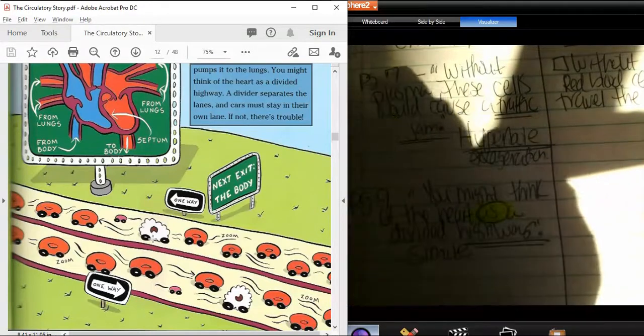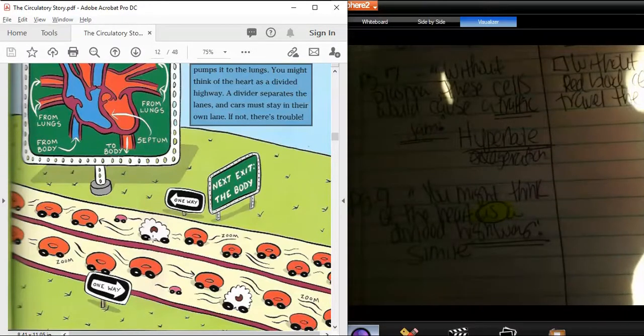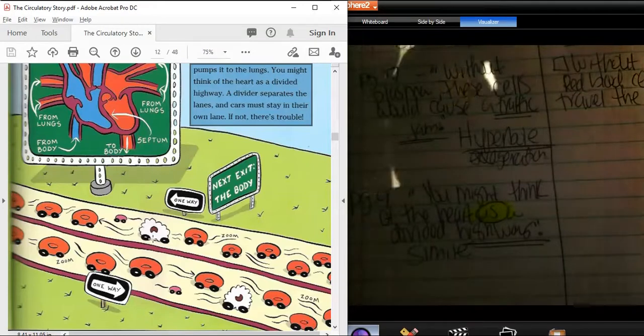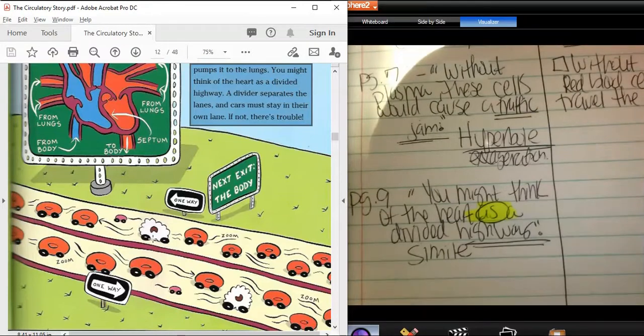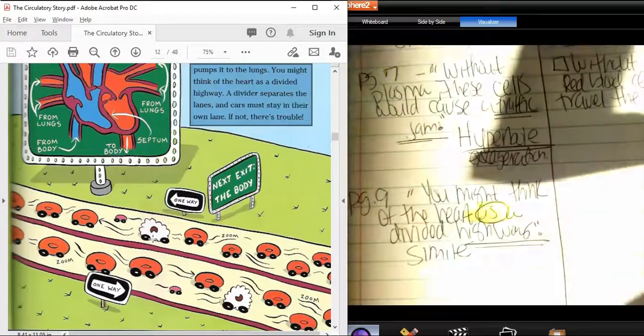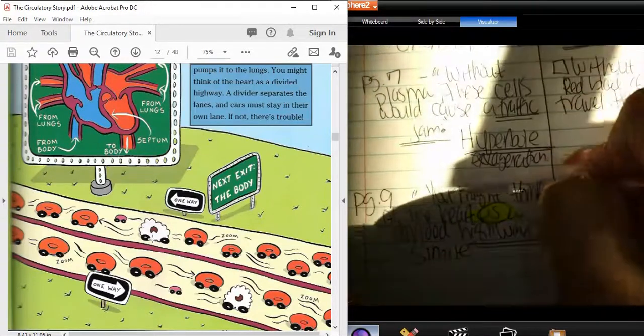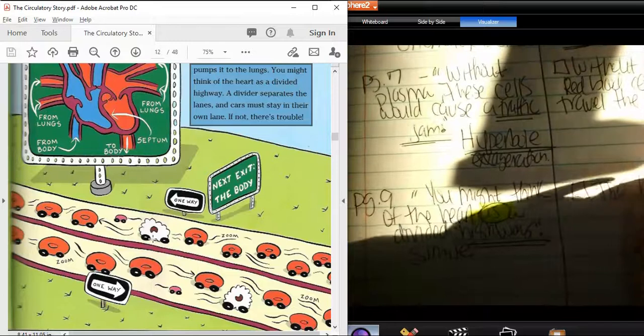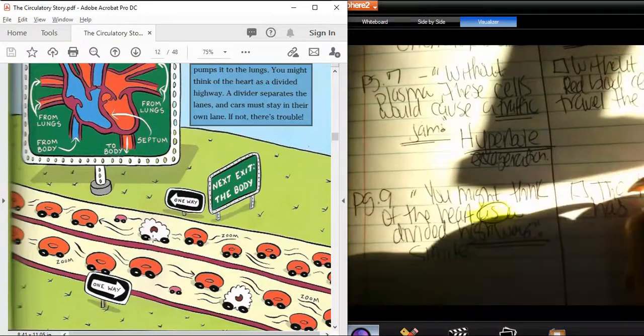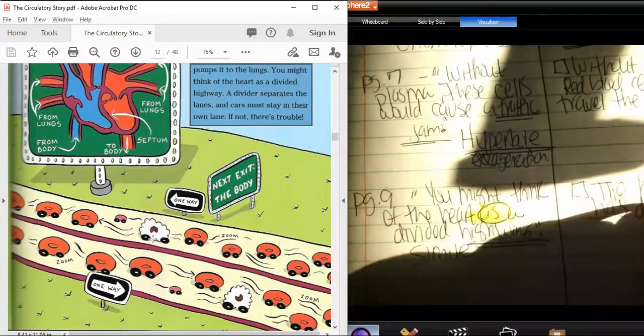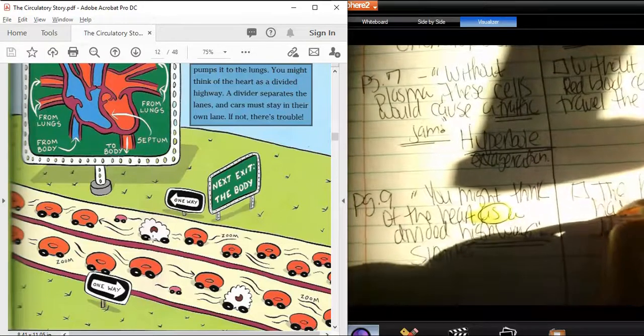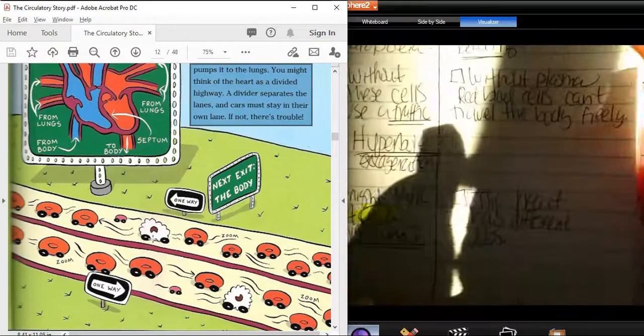Now, boys and girls, what is the actual meaning of "you might think of the heart as a divided highway"? What's the actual meaning? That the heart has different what? Jobs. Let's go ahead and write that. So the heart has different jobs, just like the highway that the author compared it to.